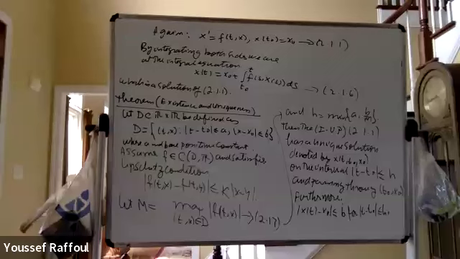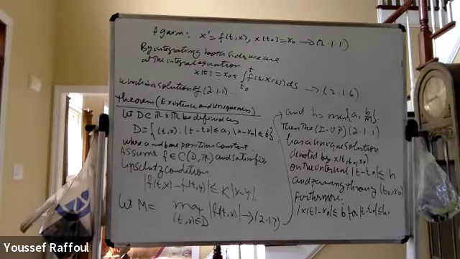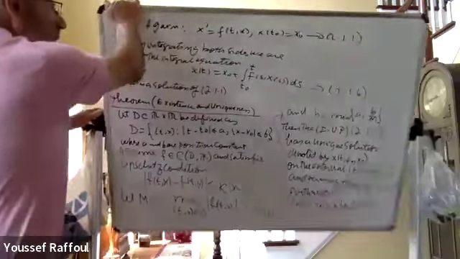And the limiting function, the solution of 2.1, is unique, basically. So this is what we are going to do. So I'm going to flip the board.